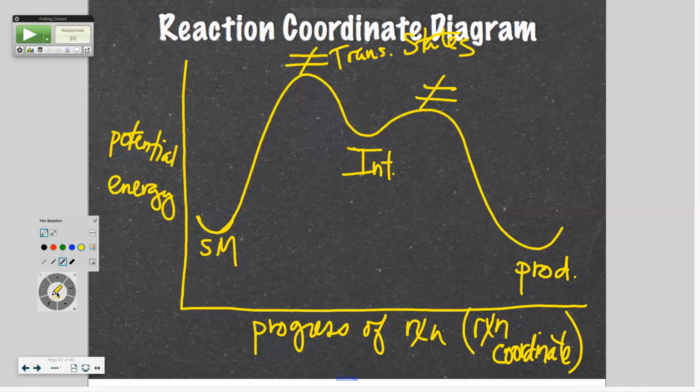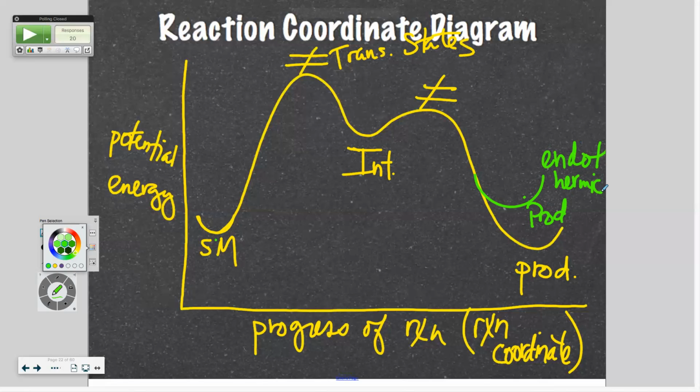Now over here where your products are, if your reaction overall has your products, I'm going to put products up here, higher than your starting material, is that endothermic or exothermic? Endothermic.